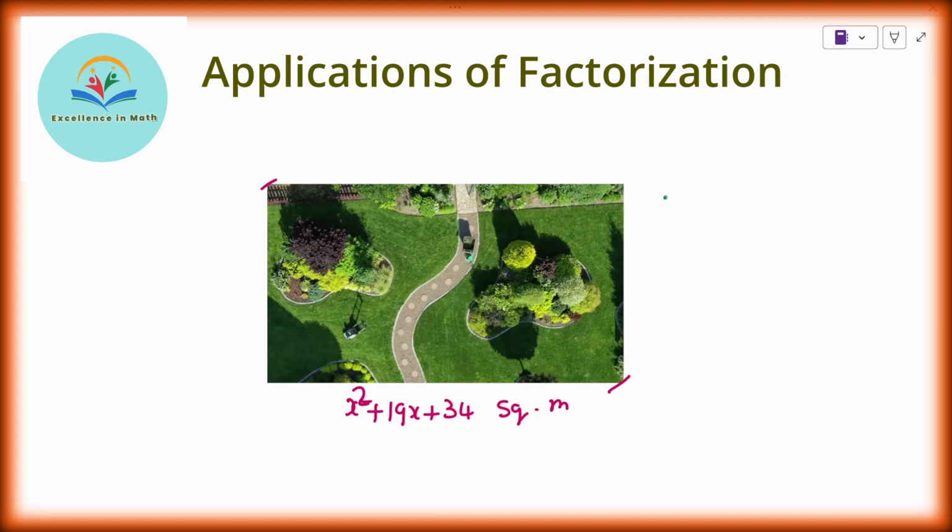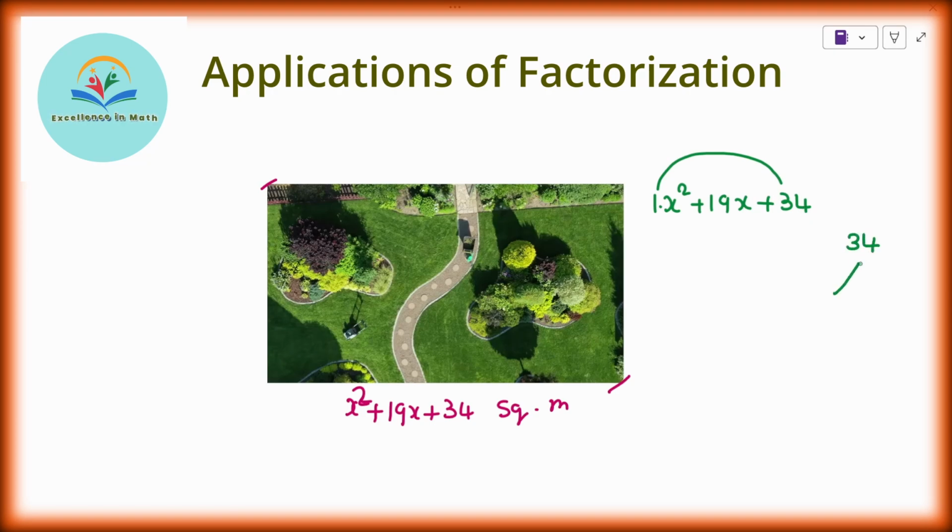Here, consider the area of the rectangular plot of land given as x squared plus 19x plus 34. The product of the coefficient of x squared and the constant term is 1 times 34, which is 34.